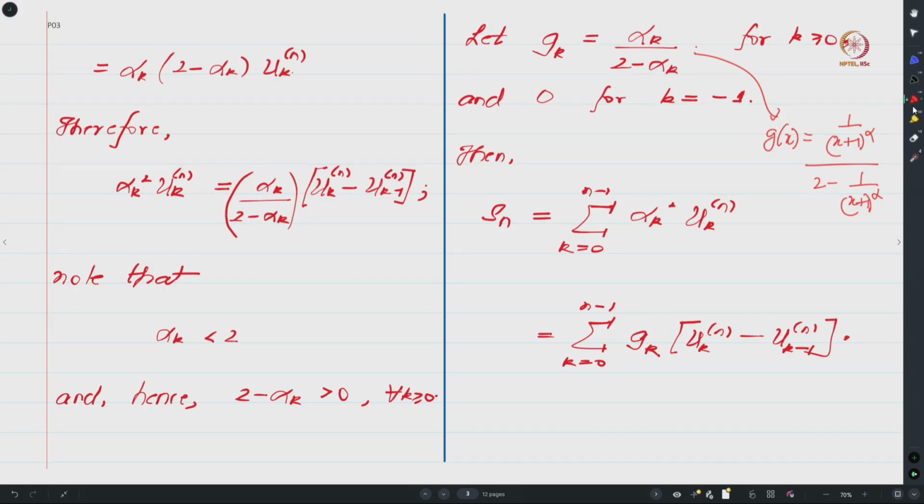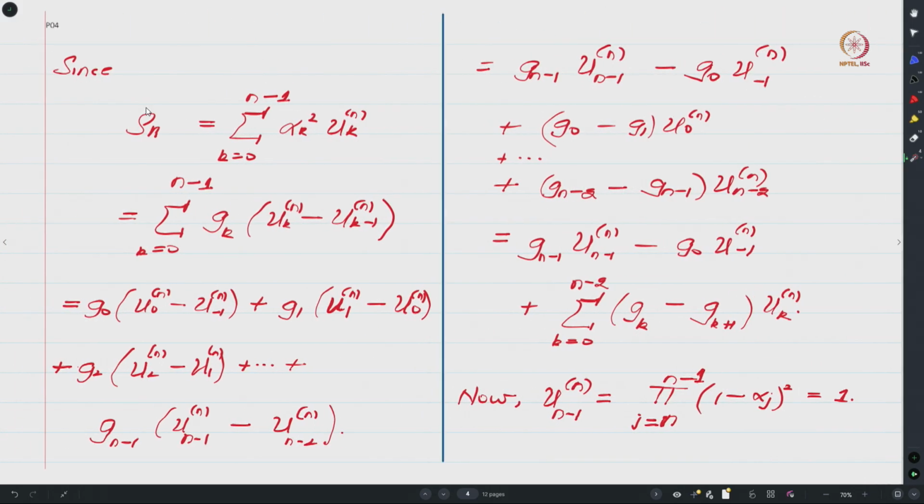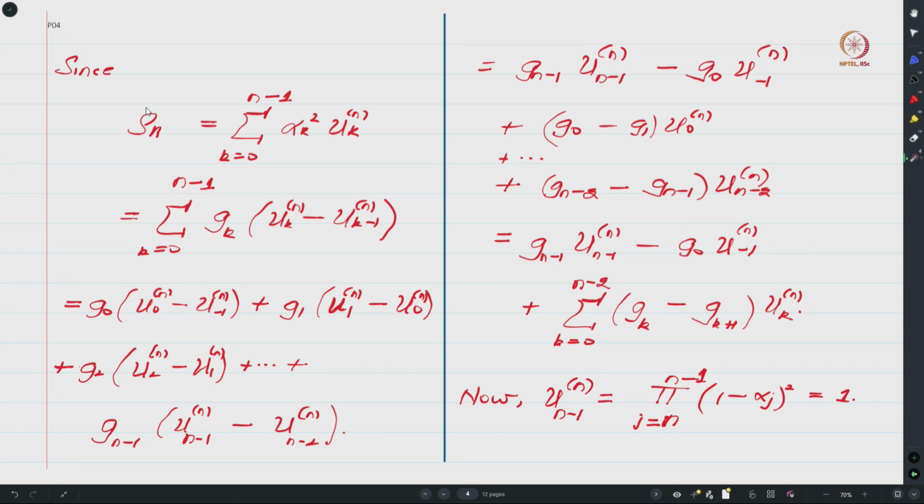Keeping that in mind, we define the value of gk for k equals minus 1 as 0. If you keep that interpretation in mind, we end up observing that g minus 1 is 0, which is the term that is, sorry, I think I have made a mistake, so let me just confirm this.